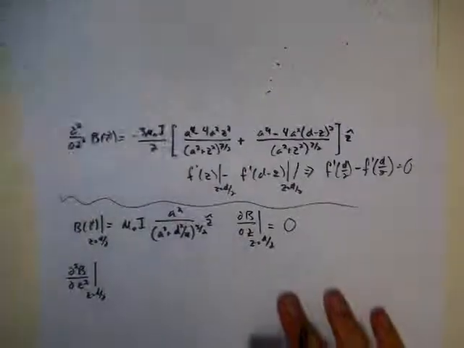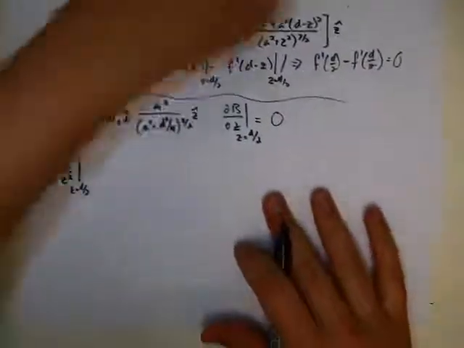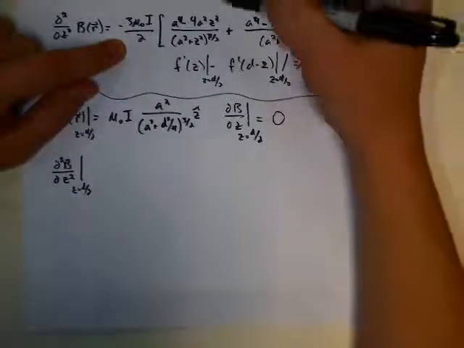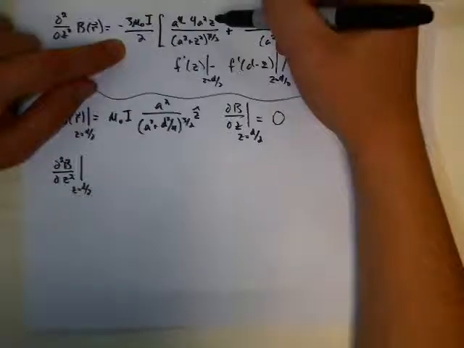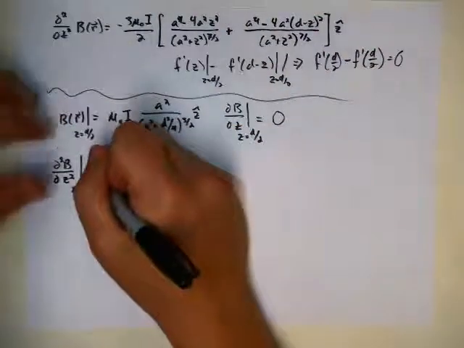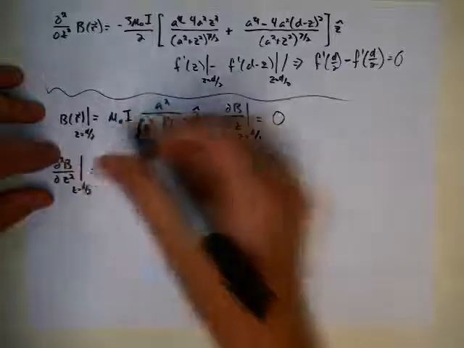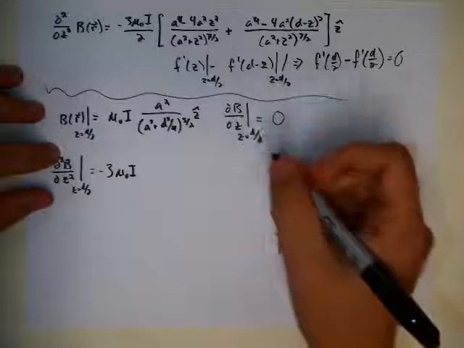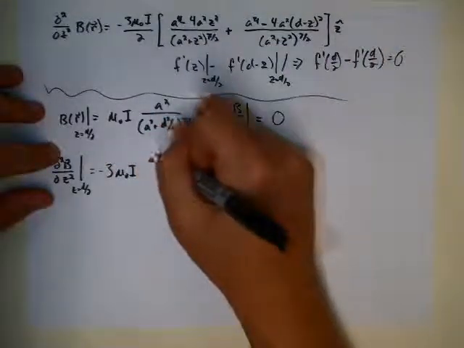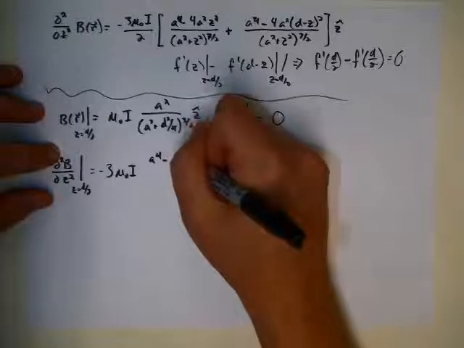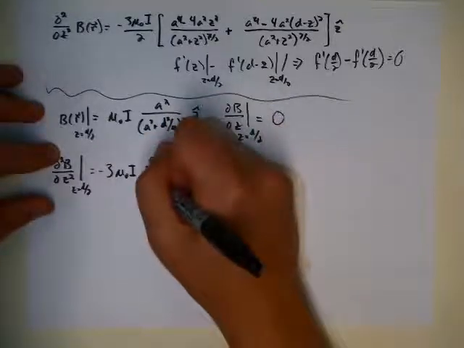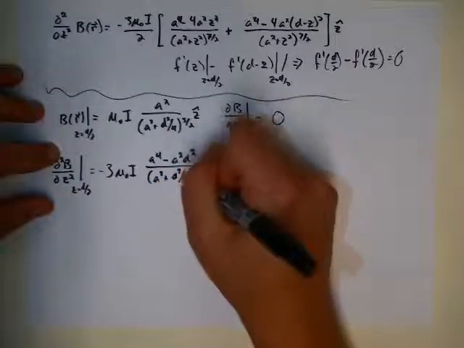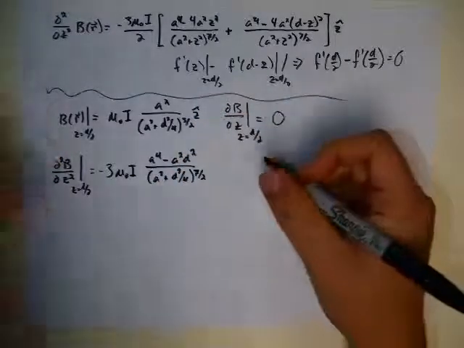That expression is right here. Just plug it in. So this is going to give minus 3 mu naught I times a to the 4th minus a squared d squared divided by a squared plus d squared over 4 to the 7 halves power.